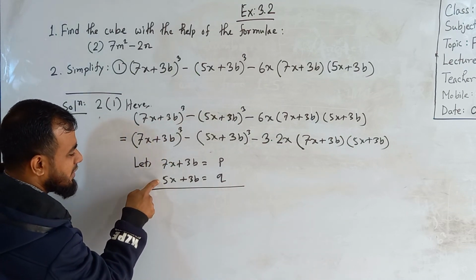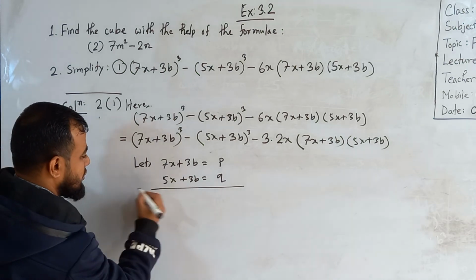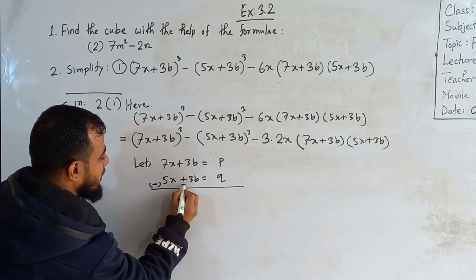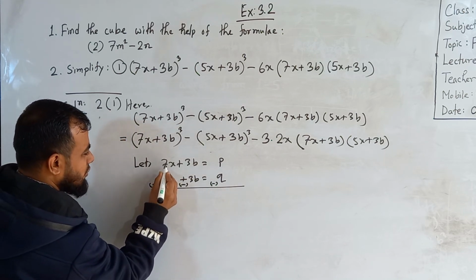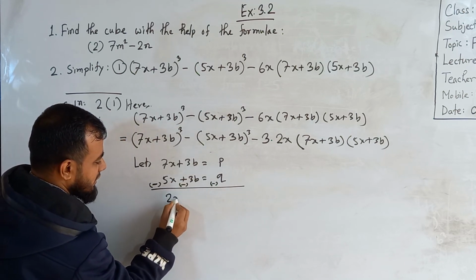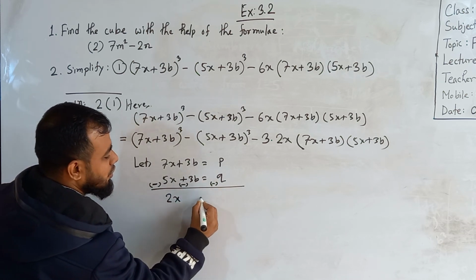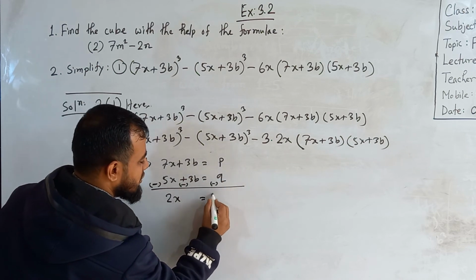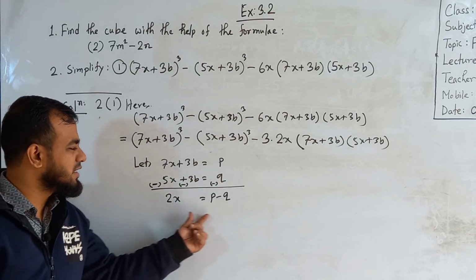If we subtract 5x from 7x, then we will find 2x. So put the subtraction sign. Subtract 5x from 7x, it will be 2x. Subtract 3b from 3b, it will be 0, so I'm not going to write down this one. p minus q is unchanged. This means that the value of 2x is equal to p minus q.